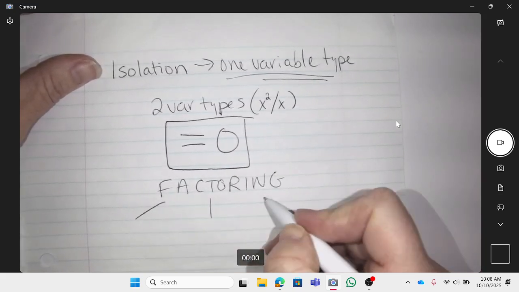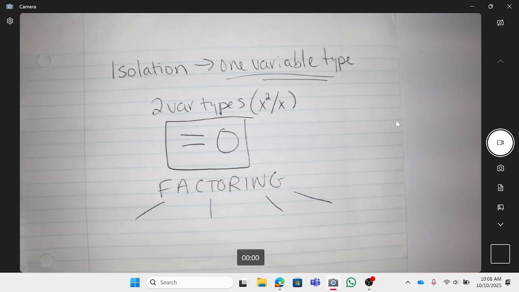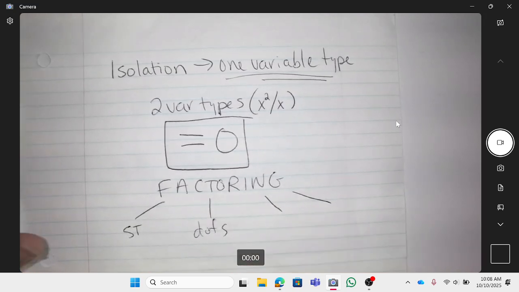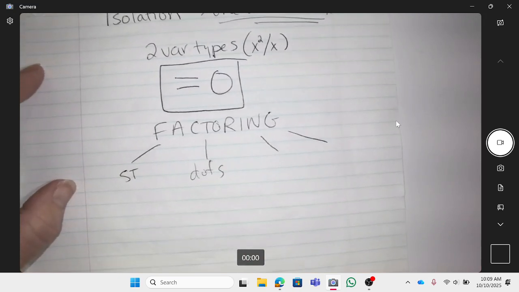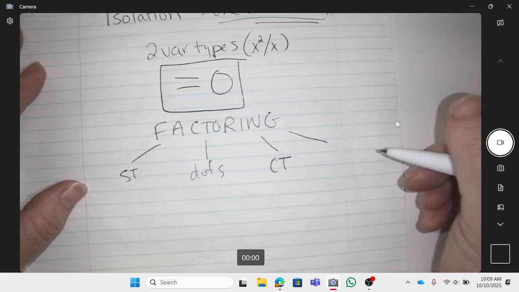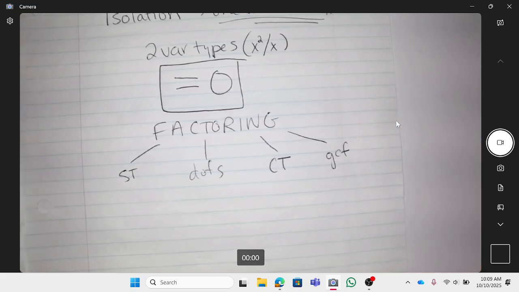And factoring, we've learned there's 4 styles that we look at. So you have to be able to recognize which style. Give me some names of styles. Difference of squares and simple, I heard. Complex trinomials and greatest common factor.